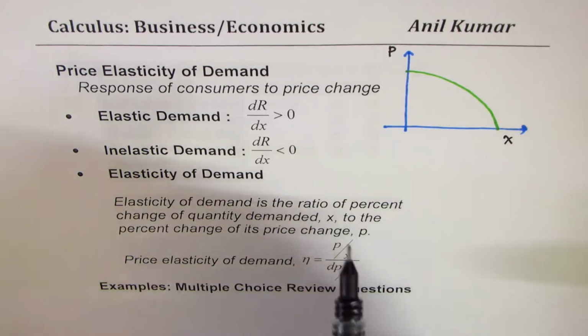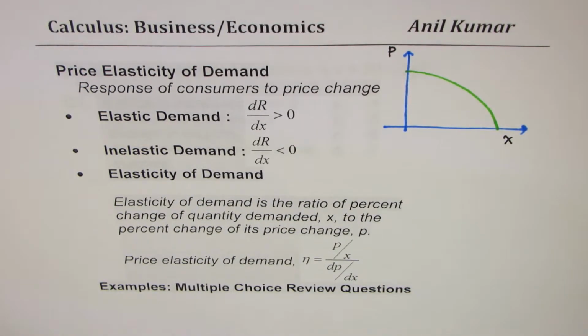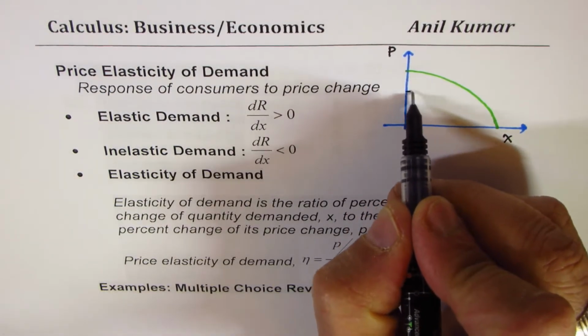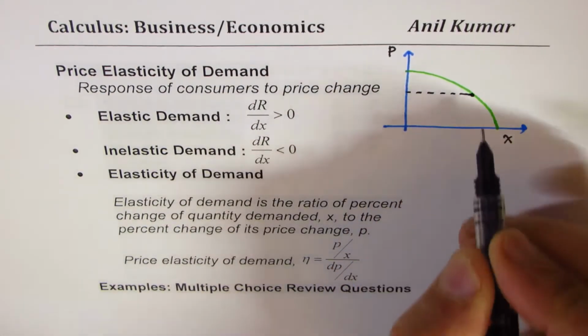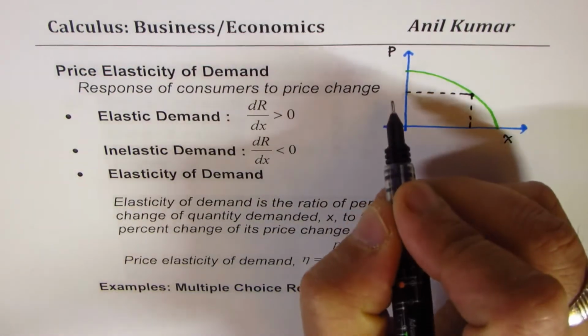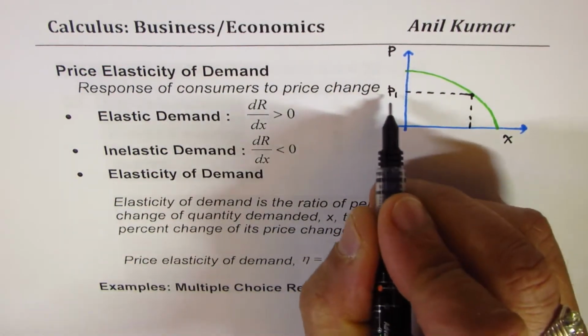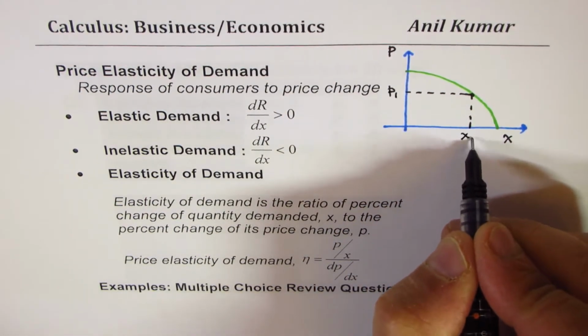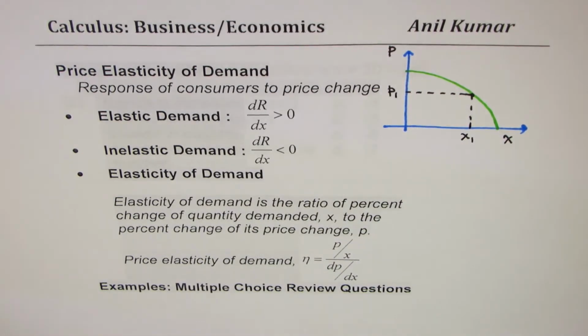Let us take a price at a particular level. Let's say this is one standard price. Let's call this P1. At this price, we are able to sell X1 number of items.